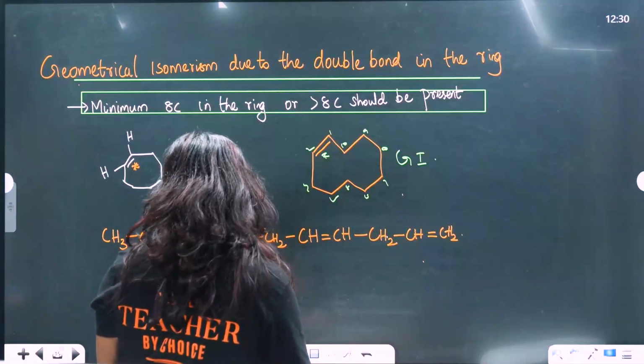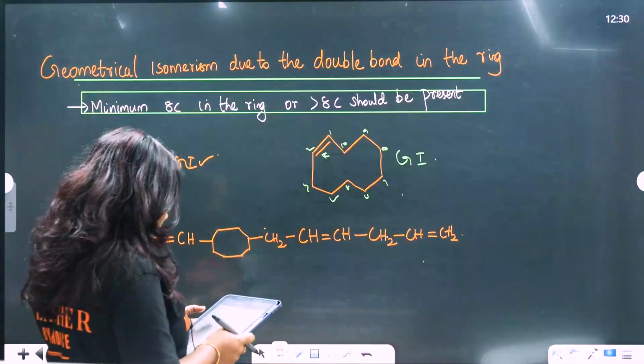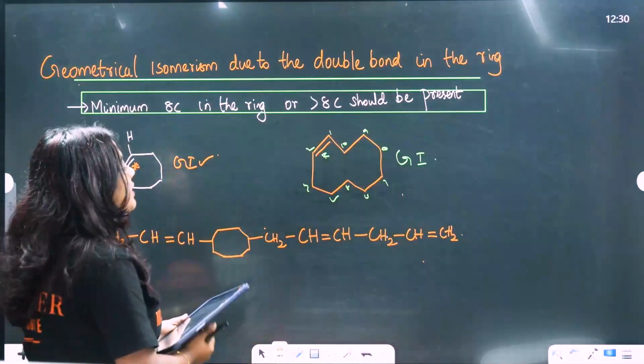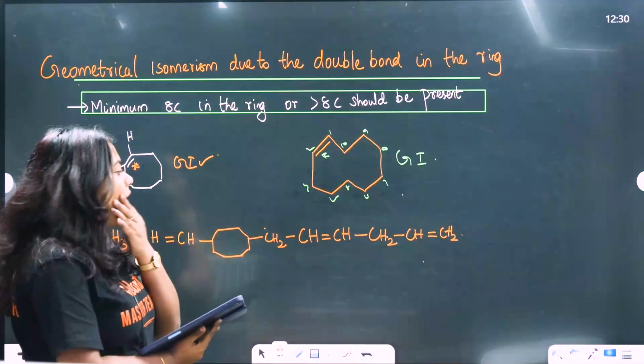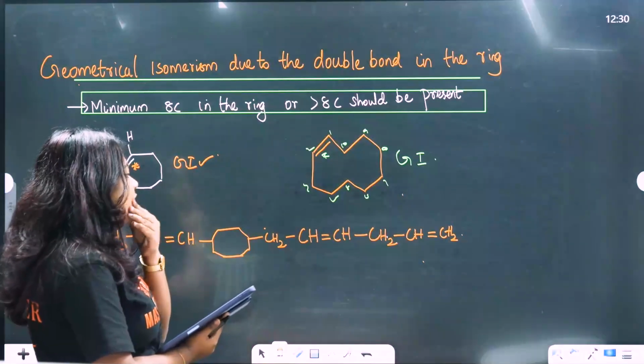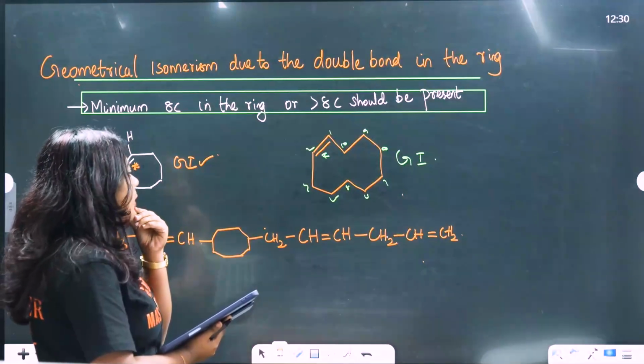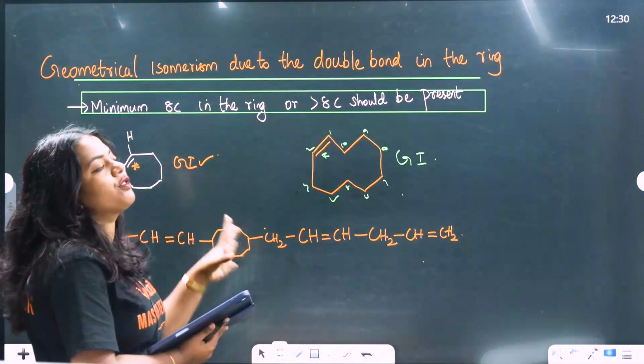Now in this question, I am not asking about isomerism. Since all of these are present, I am just asking you the number of stereogenic centers.